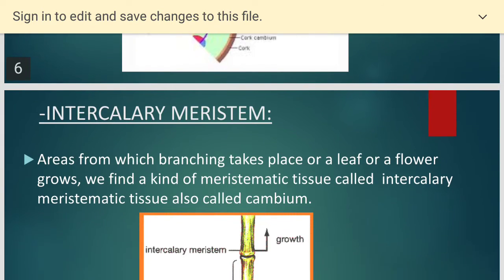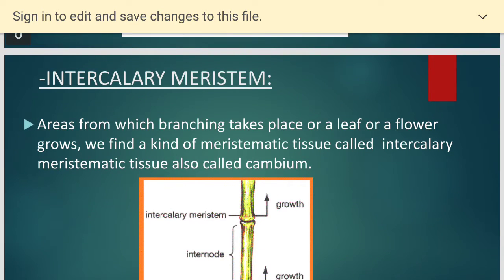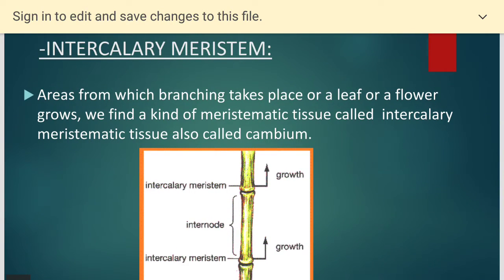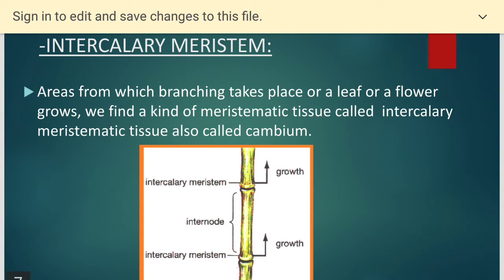And the third type of the meristematic tissue is the intercalary meristem. Intercalary meristem is found in areas from which branching takes place, or a leaf or a flower grows. This is called intercalary meristematic tissue, and this is also called cambium.